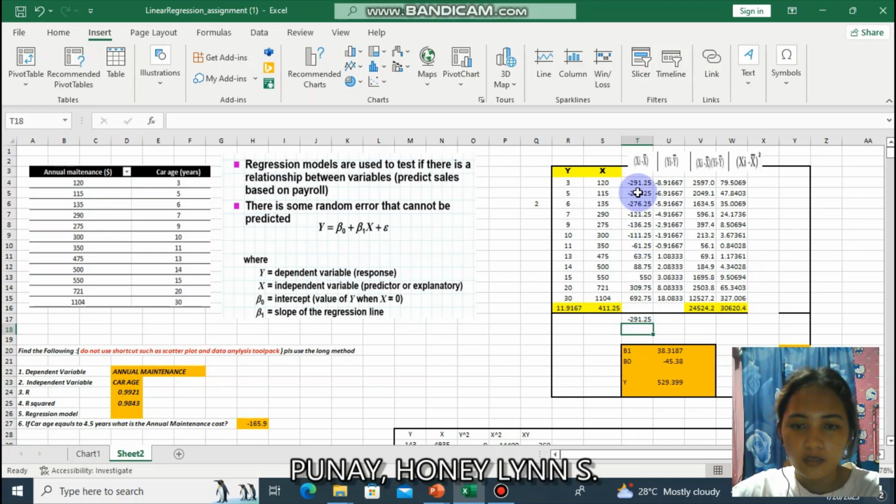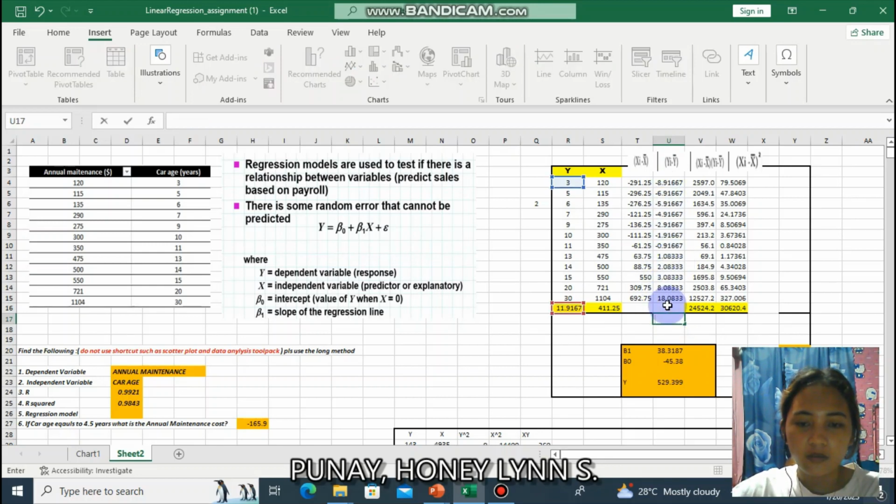To get this value, the formula is just repeated. Also on this side, the formula is the same as in x. So equals the value of y minus the average value of y, then enter. So you will get the value negative 8.9167. To get the following values, the formulation is just repeated.